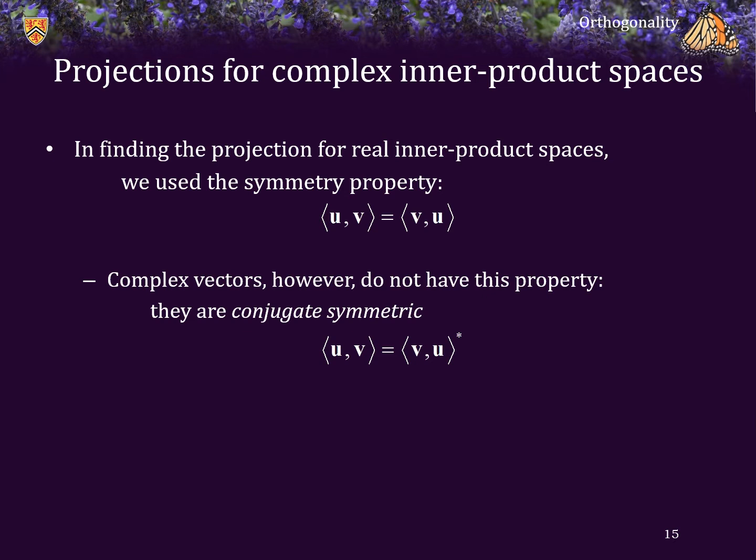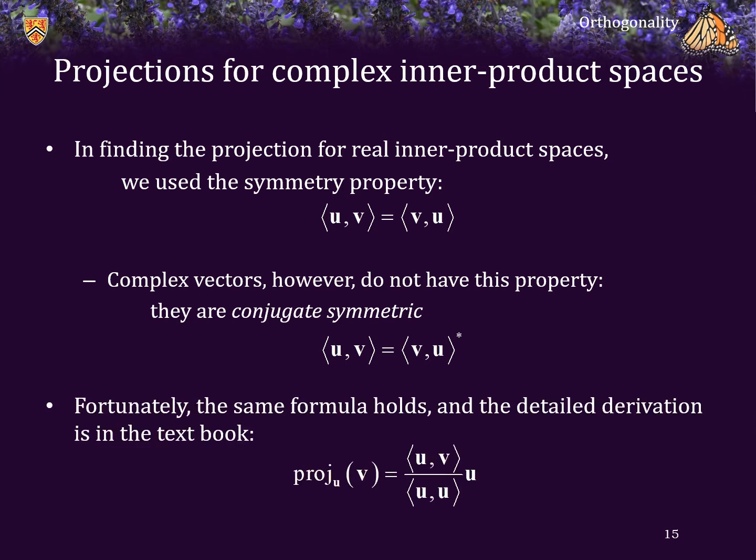Consequently, the derivation of the projection, that is, the best approximation, is a little bit more complex. This is done in the textbook, and it turns out to be the same formula. It's important here, however, that the v is in the second operand of the inner product in the numerator.